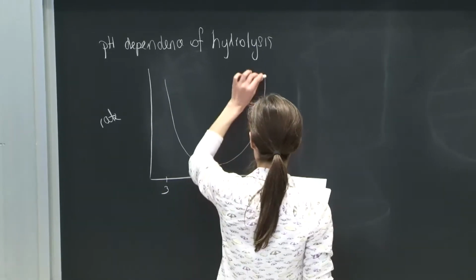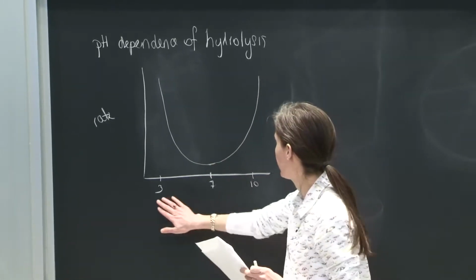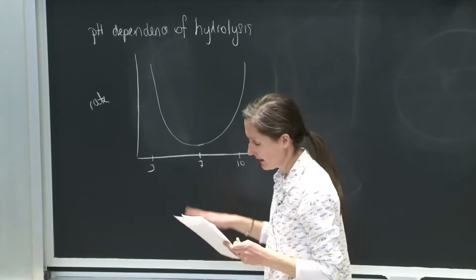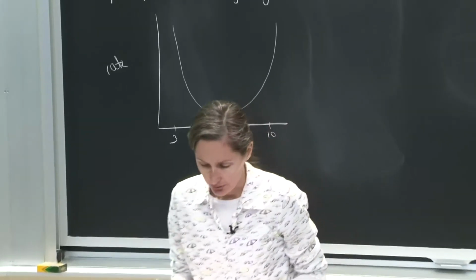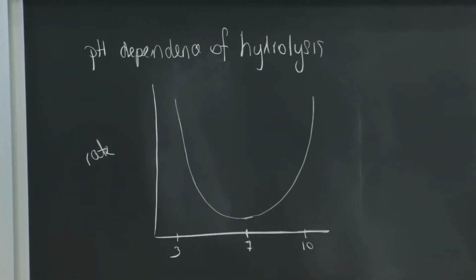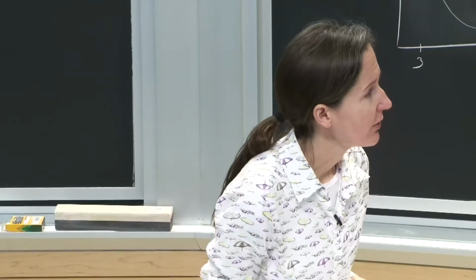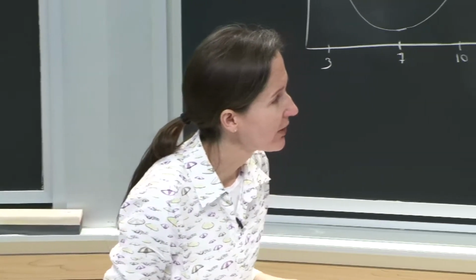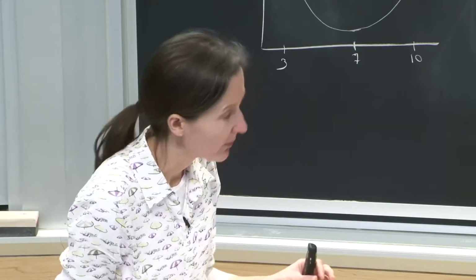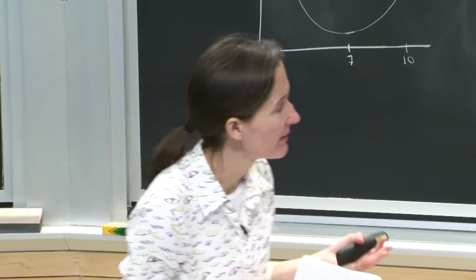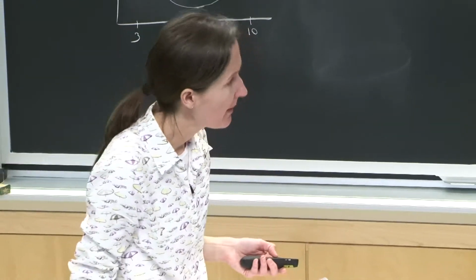Something on the order of this, right? Where we have enhancements at low and high pH and a relative minimum at neutral pH here for that. And so these types of chemistry is going to come up in the context of the protease enzymes, depending on the type, as we'll see in a few slides.